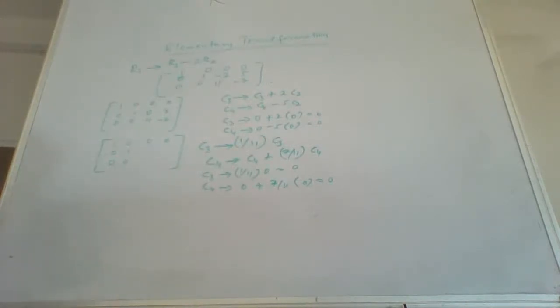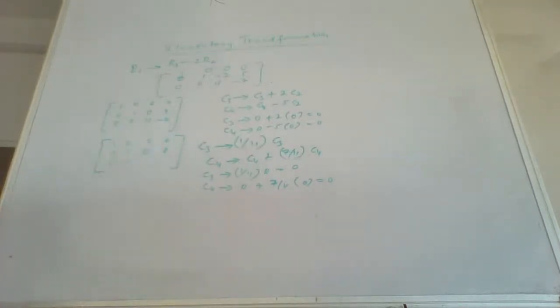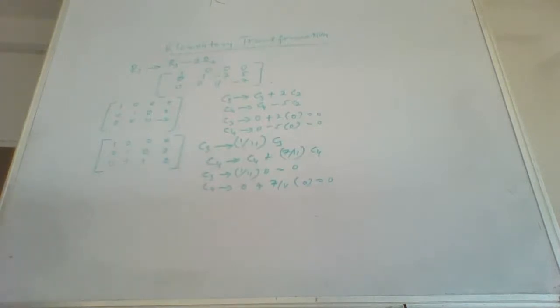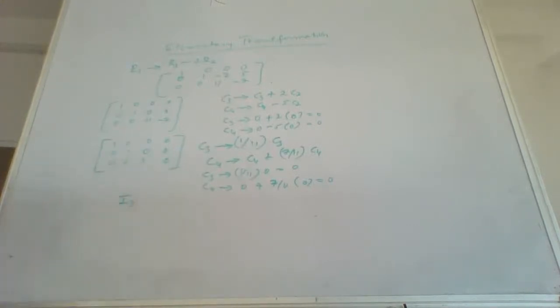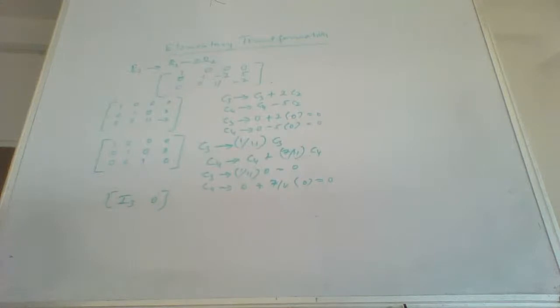Okay, I hope you understood this. So that would be 0 0, and 1, and this is 0. Fine. So this is an identity matrix which is I3, and this is 0.